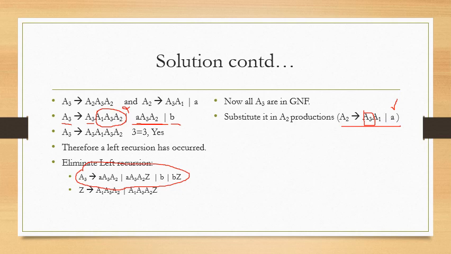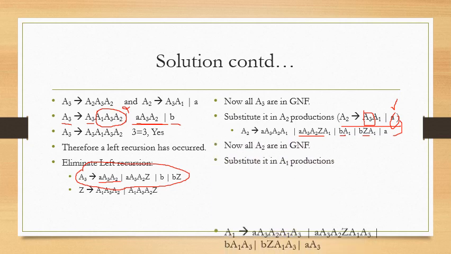So when I substitute here, the single production will get split into 4 different productions plus its own production, this A, and on the whole it will have 5 productions for A2. So when I substitute A3, we get A3, A2 followed by A1, and A3, A2, Z followed by A1, and B, A1, and this A we have written as it is because it is already in GNF. So now all the A2 productions are in GNF.